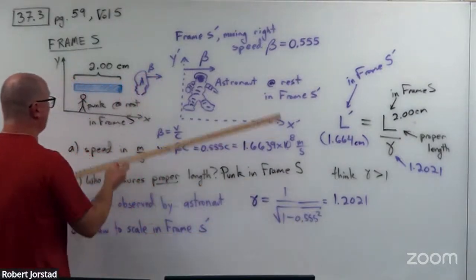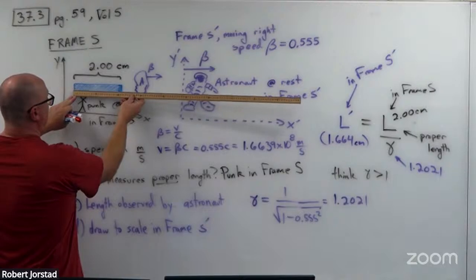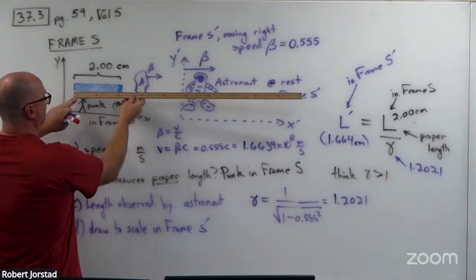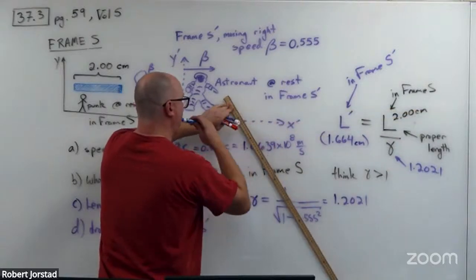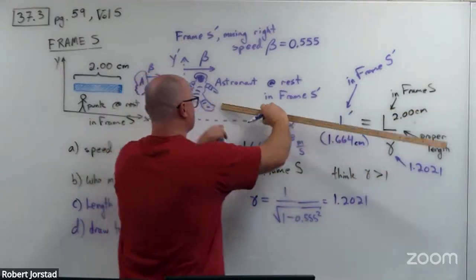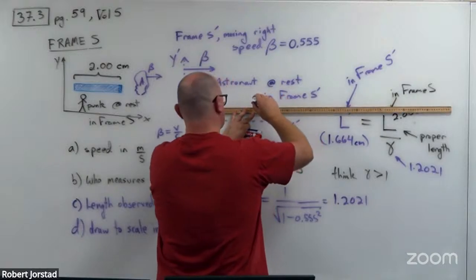So what would that look like if I tried to draw this to scale? Over here, 20 centimeters corresponds to 2. So over here, it'd be about 16.